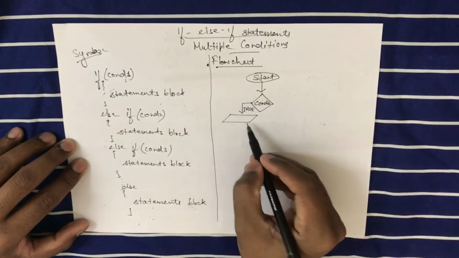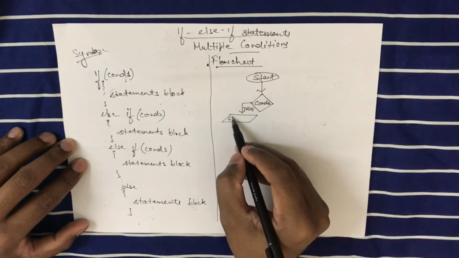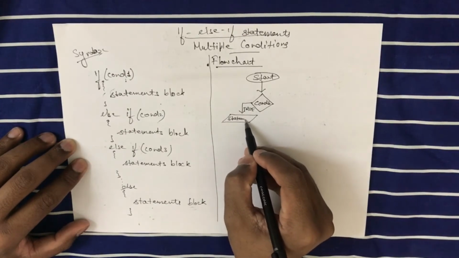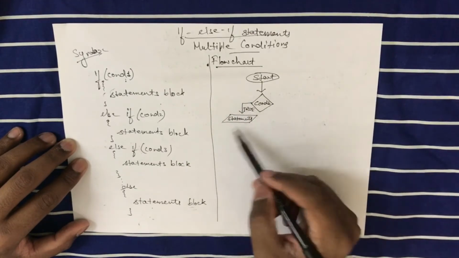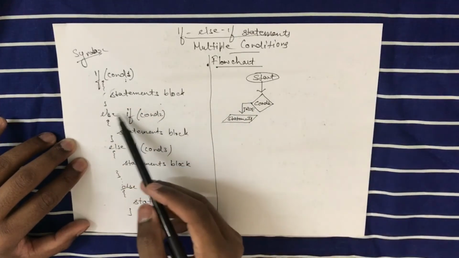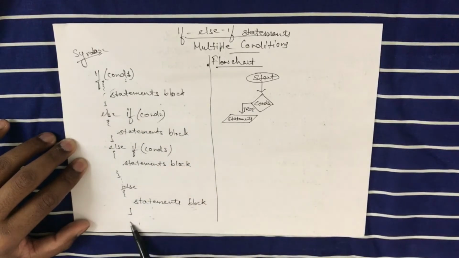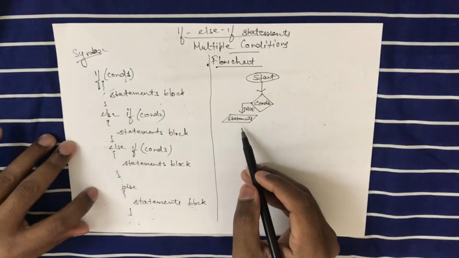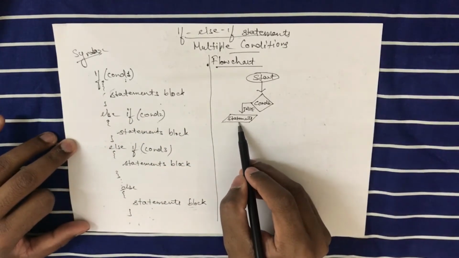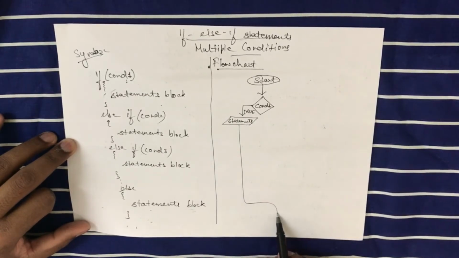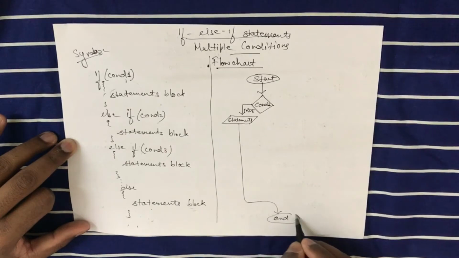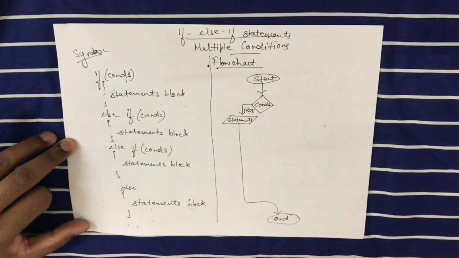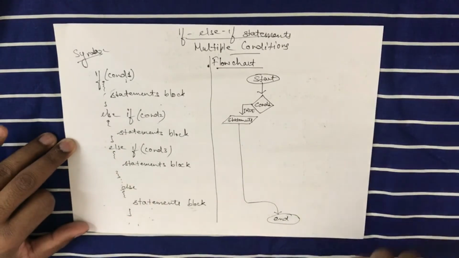Statement block is represented by a parallelogram in a flowchart. After executing this statement block, it directly skips all the statements and comes to the rest of the program, or the end of this if else statement. Start and end are represented by an ellipse.